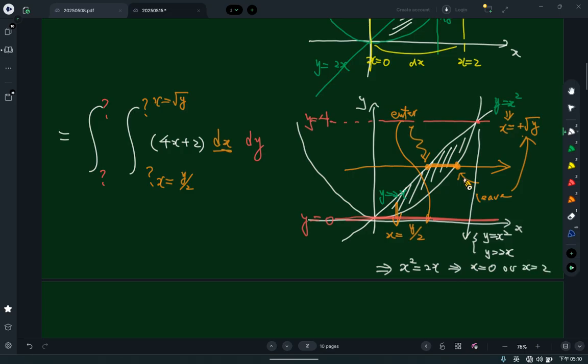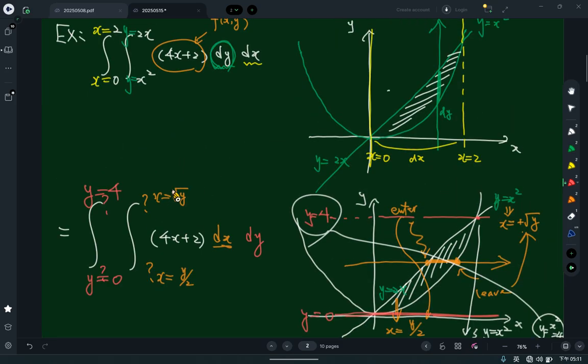So you can make sure here is x is equal to 2, and at the same time, the point y is equal to x squared, so is 4. So you can get this one, right? y is equal to 4. So then y will be from y is equal to 0 to y is equal to 4. This is the final result.